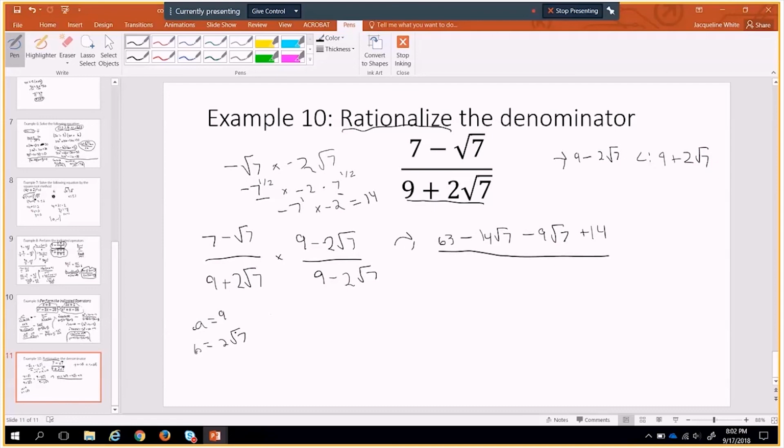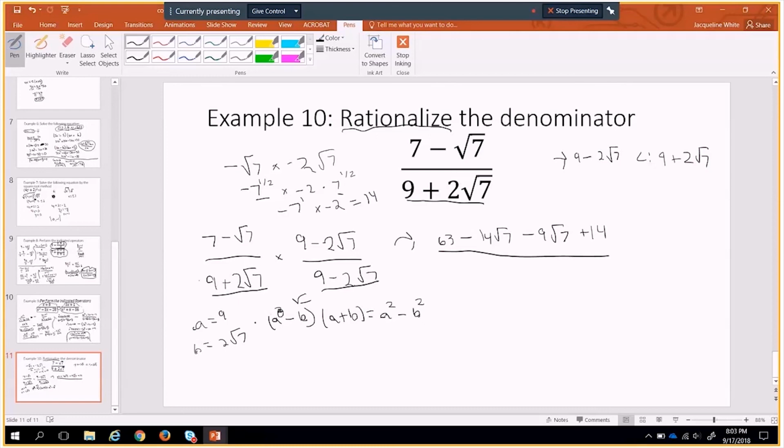So our difference of squares just means that A minus B times A plus B is going to equal just A squared minus B squared, right? So when we're multiplying, we see that it's in this form right here. So then we could follow the difference of two squares property.